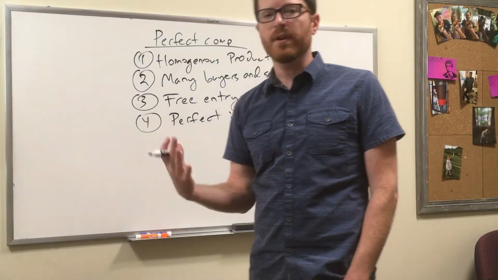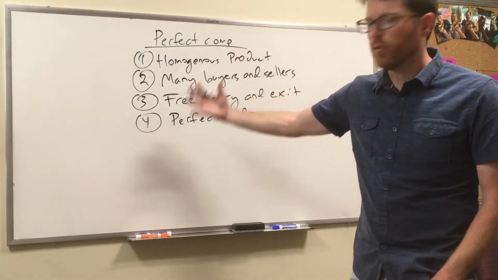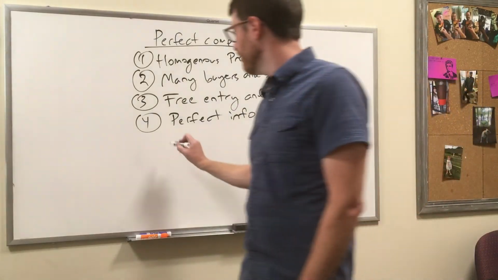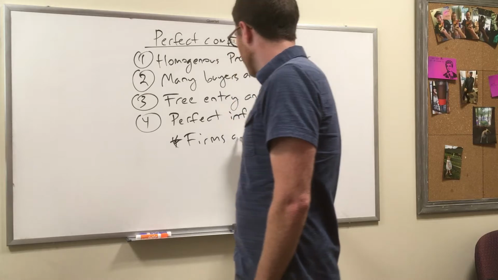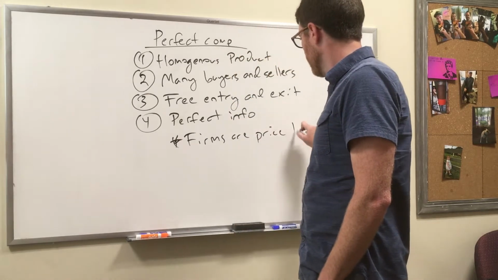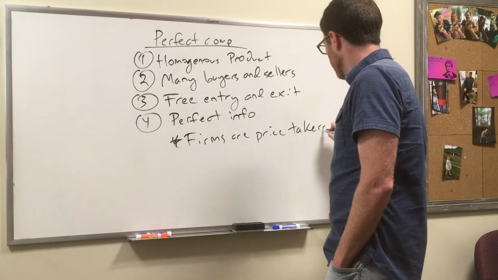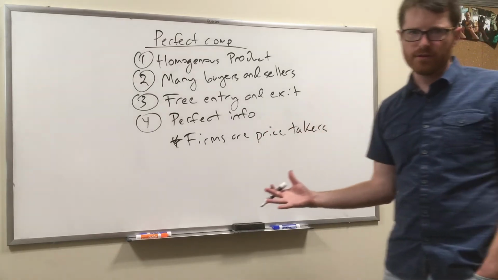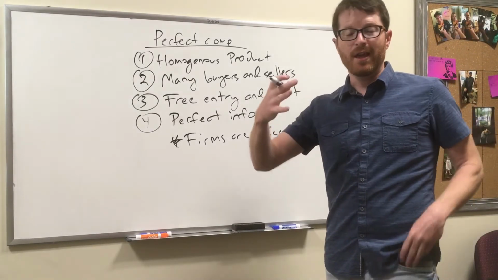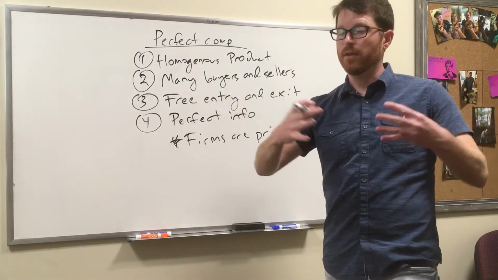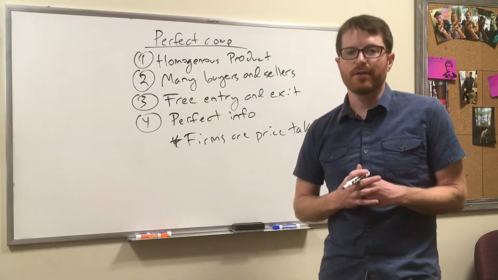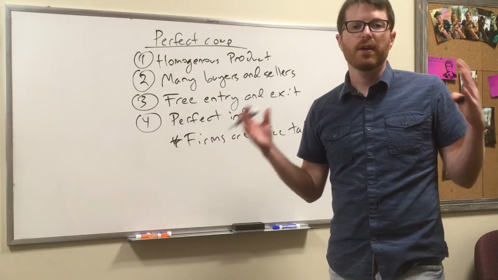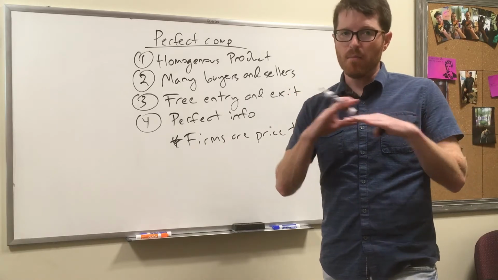In the case of perfect competition, all of these four assumptions ultimately lead to the key result that firms are price takers, meaning they have to accept whatever price there is in the market. For example, if you want to sell soy, you can't just choose whatever price you want. You have to sell based on the market price.